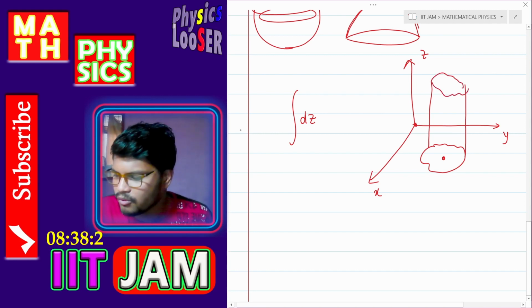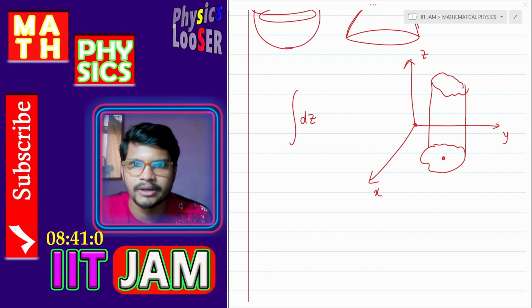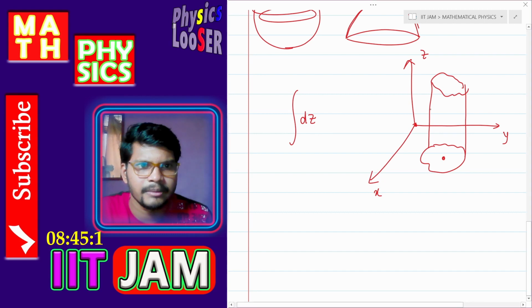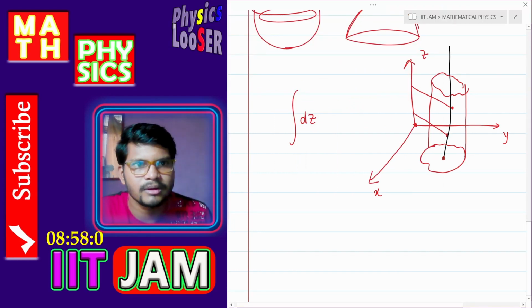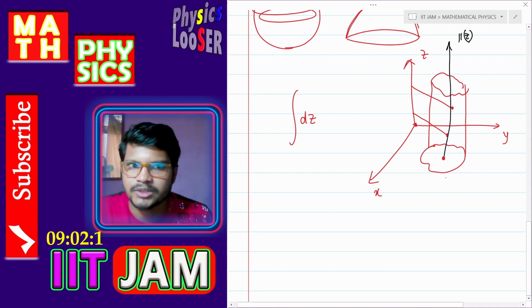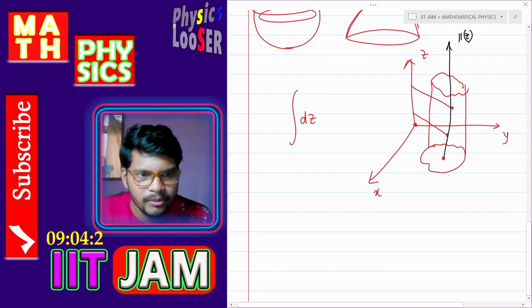So for an example, let us say the z limit, because this is in the xy plane, and whenever you choose z, you just make one line over here which is parallel to the z-axis. This line is parallel to the z-axis. It goes from down to upstairs, and whenever it does, it will cut two surfaces.